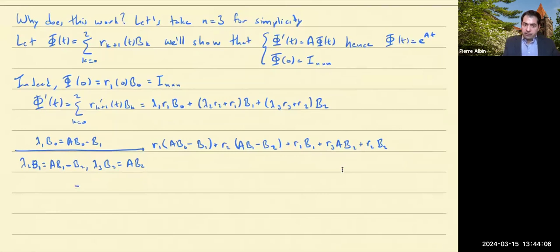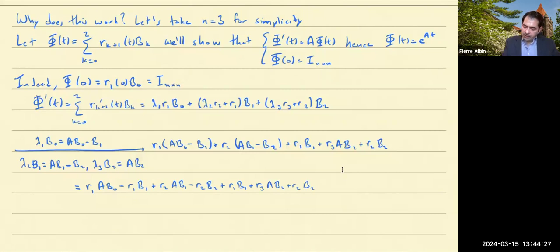Okay, and now that's equal to R1 A B0 minus R1 B1 plus R2 A B1 minus R2 B2 plus R1 B1 plus R3 A B2 plus R2 B2, right?